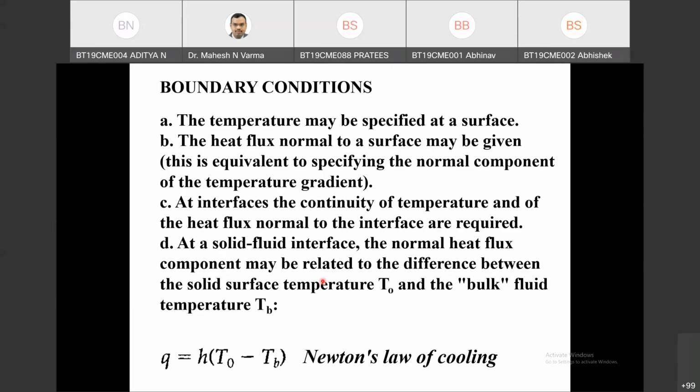So that is the logical boundary condition, which we use based on an equation, observing the equation and constants. So these are all the boundary conditions which will be used in heat transfer.